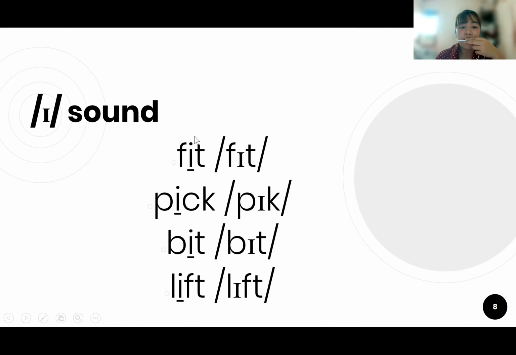So for the first word, for example, we have fit. We have the sound of the letter F, so we use F to represent that. And then, as we said, in the word fit, since we sound out the letter I as a short sound, it is not pronounced as a long sound.